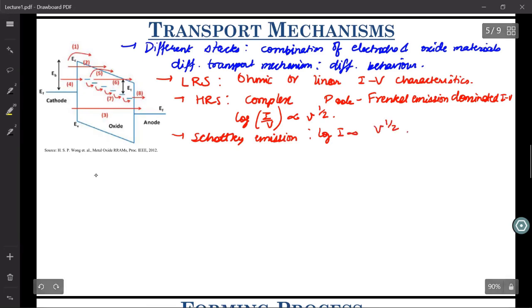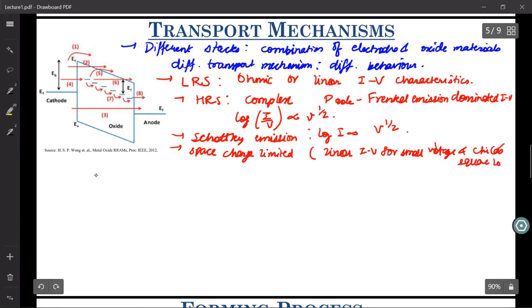For other stacks, people also found that there is space charge limited transport mechanism, which shows linear dependence of IV for small voltages and Child's square law dependence for high voltages.